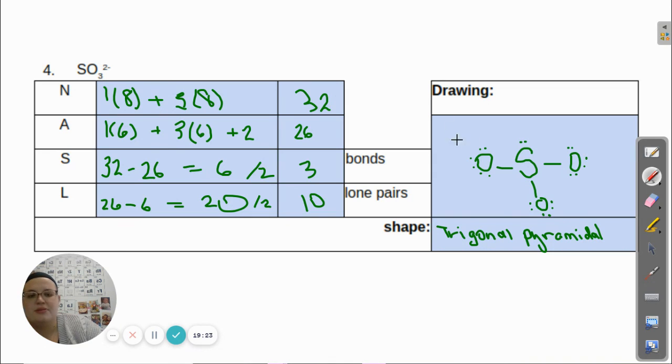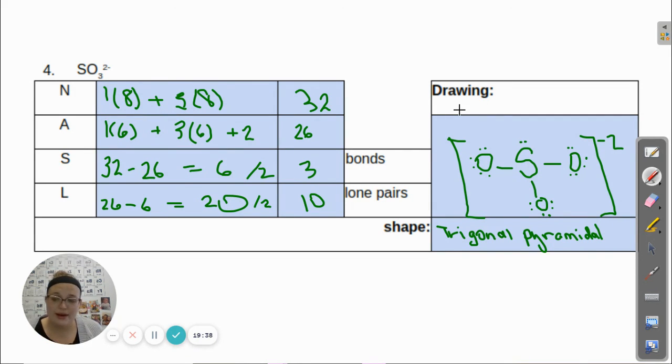And if you remember what I said about the polyatomics, when I draw them, I finish drawing them by putting them in brackets and writing the charge on the outside, which is a -2 or 2 minus. So there you go. So that's how we do NASL and VSEPR.